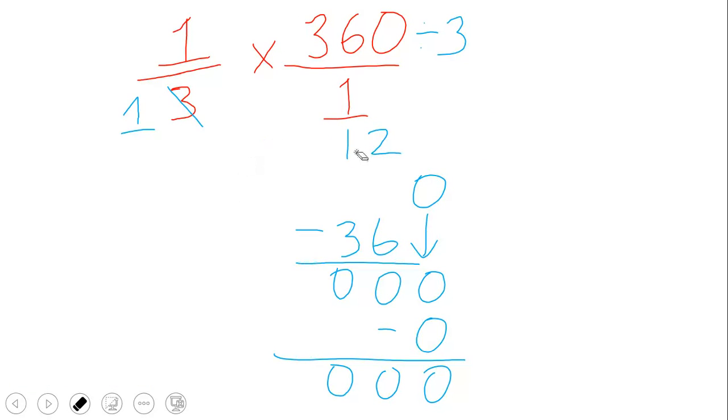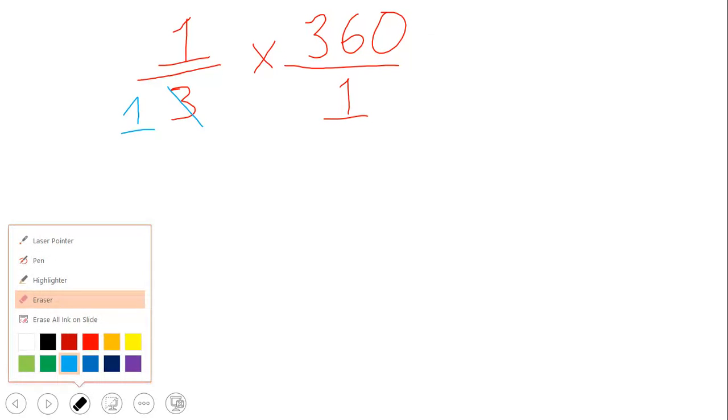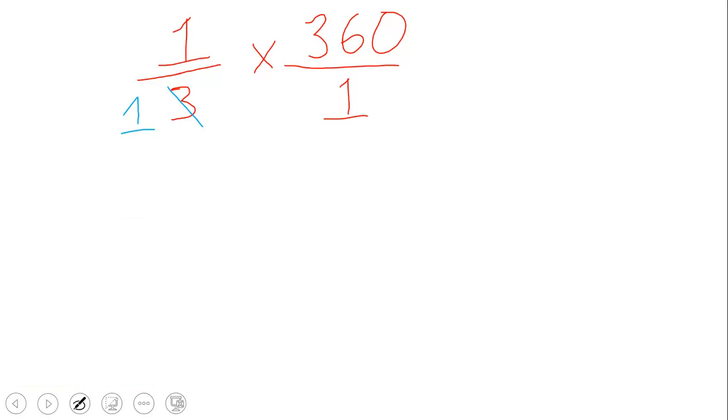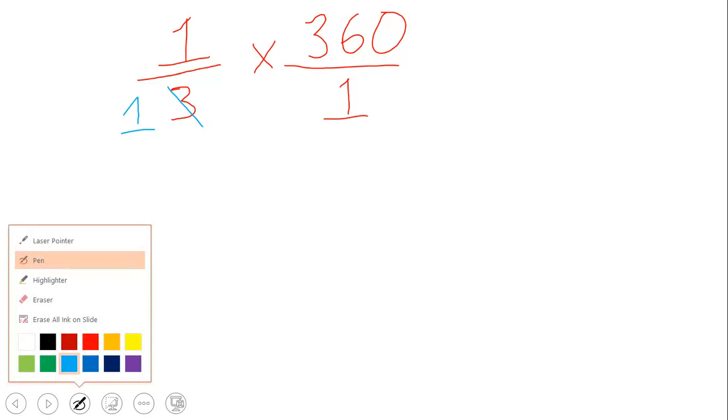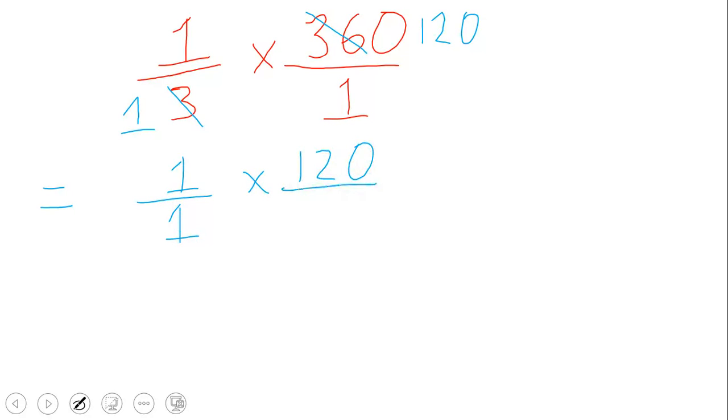Let us use that idea. So let us erase. As we determined from our calculations, 360 divided by 3 is indeed 120. So we are left with 1 over 1 multiplied by 120 over 1.